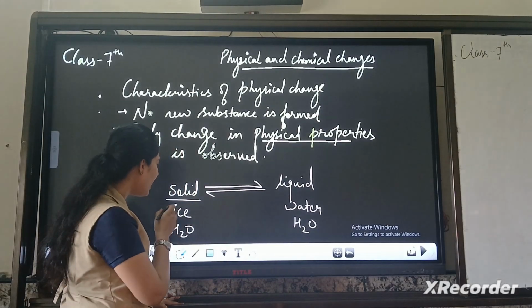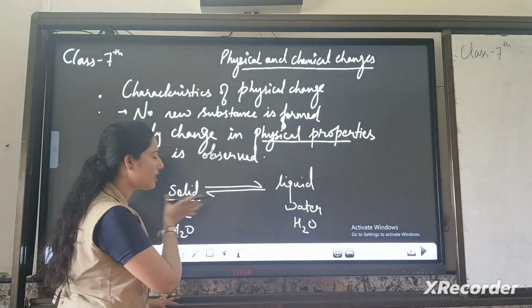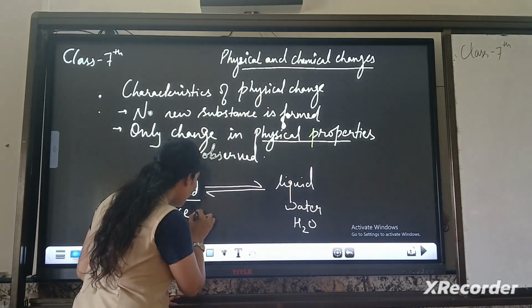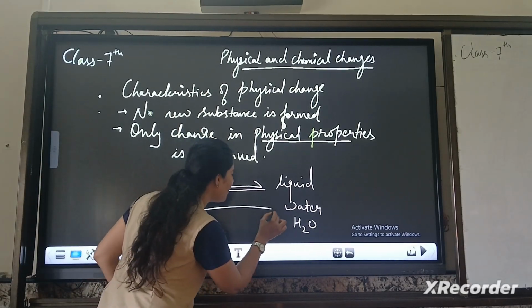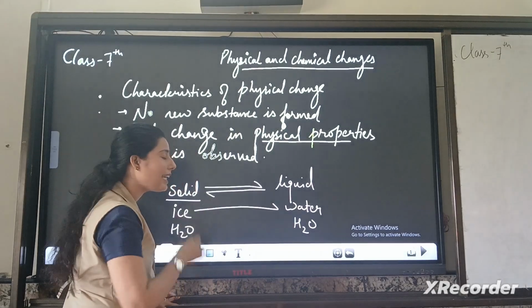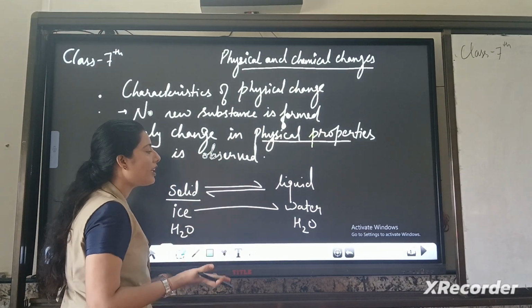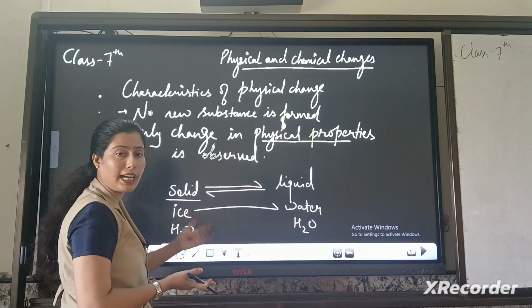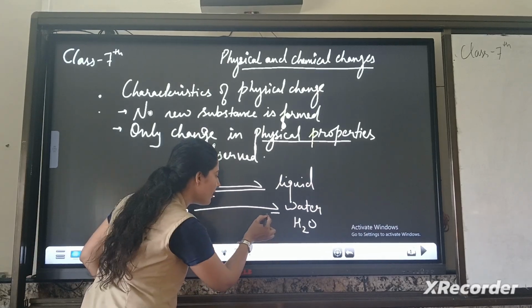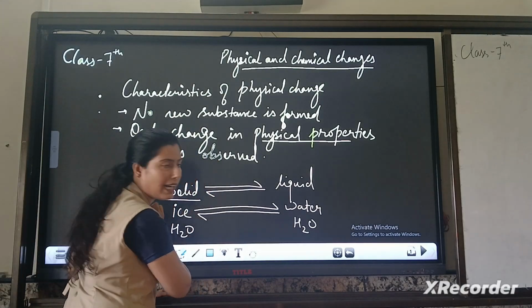What happens if we change the condition of this process? This ice is converted into water, and again if we change the condition to one favorable for the conversion of this water into ice, it reverts back to ice.